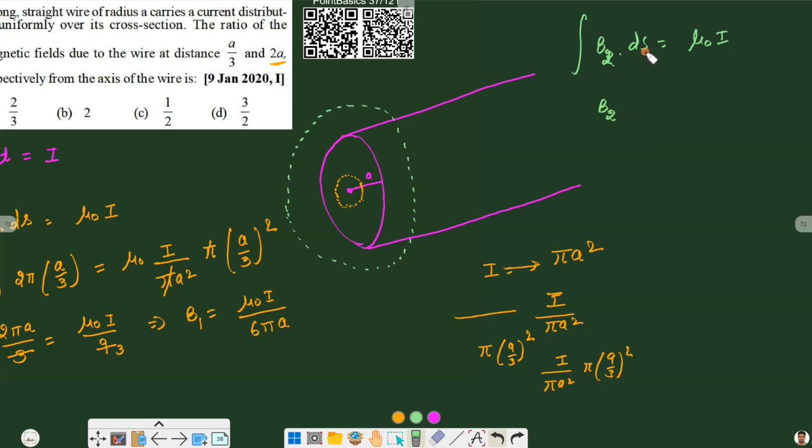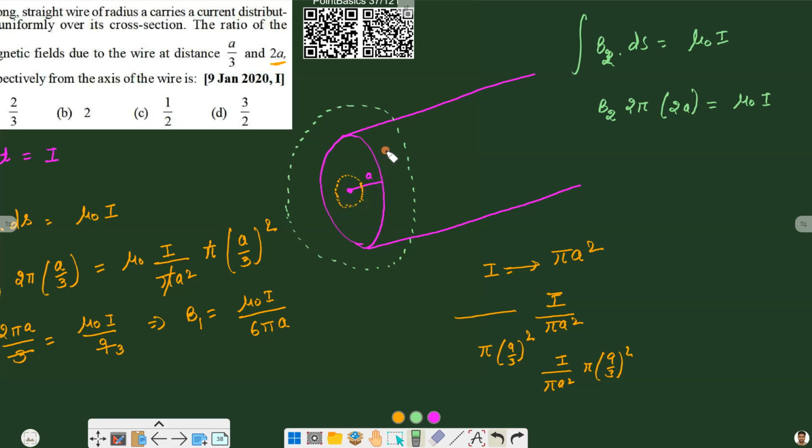The circumference will become 2 pi into radius, that is 2A, equal to mu naught times I, because when we have crossed the wire, the amount of current will not change. Inside the wire, current was distributed uniformly, so that's why the value of current was changing.